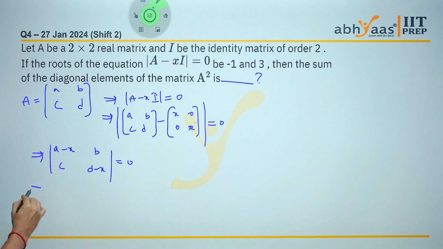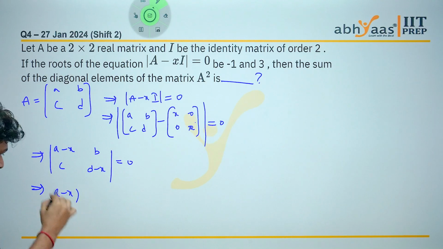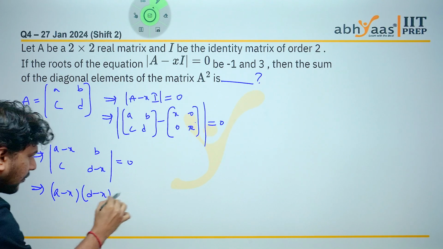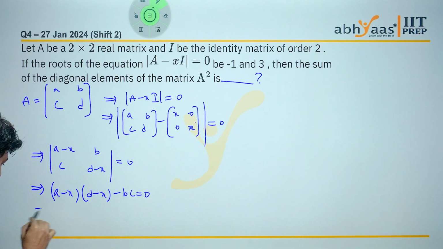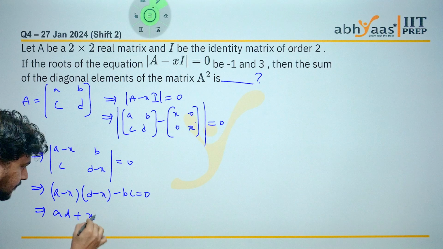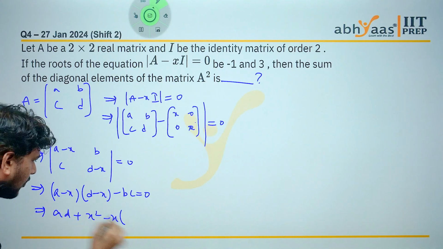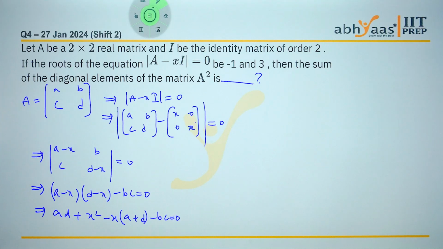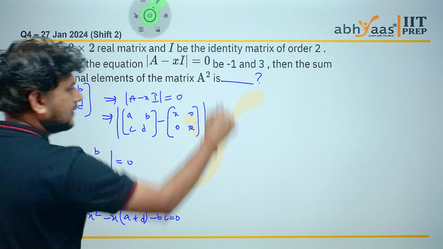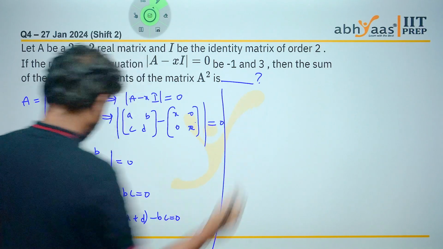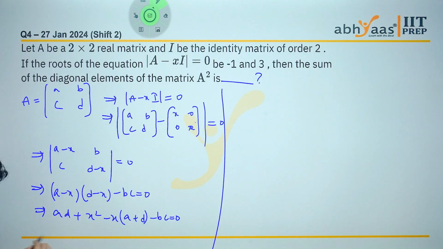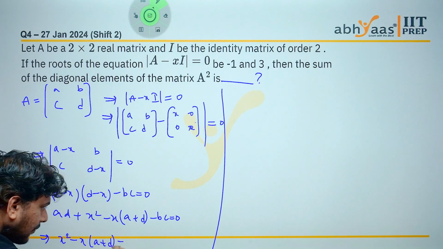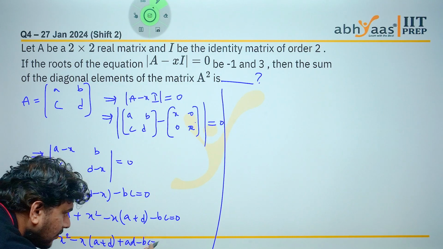Now opening the det, we get A minus X into D minus X minus BC equal to 0. That implies AD plus X square minus X, if we take common, A plus D, minus BC equal to 0. So I will write here only: X square minus X into A plus D plus AD minus BC equal to 0.